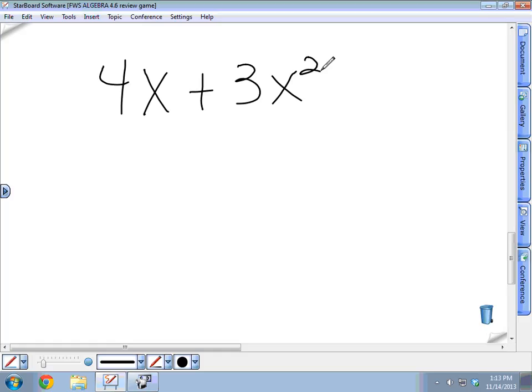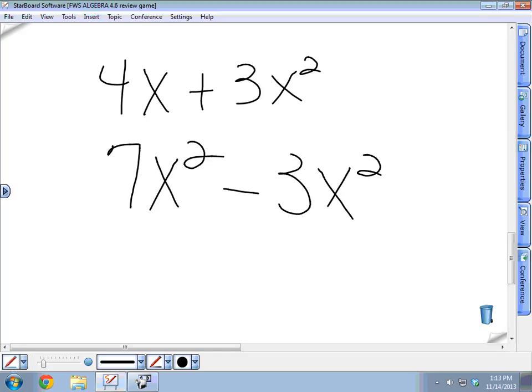You can't really simplify it. Right. 4x plus 3x squared is 4x plus 3x squared, because these aren't like variable expressions. If I have 7x squared minus 3x squared, what's that? 4x squared. As long as I have like terms, like variable expressions, I can add or subtract the coefficients to simplify. But if I don't have like terms, I can't simplify.